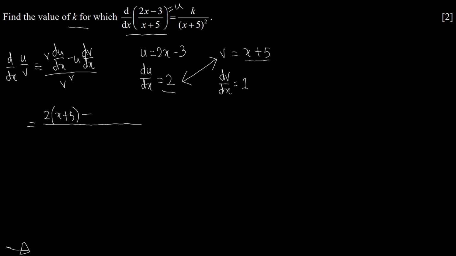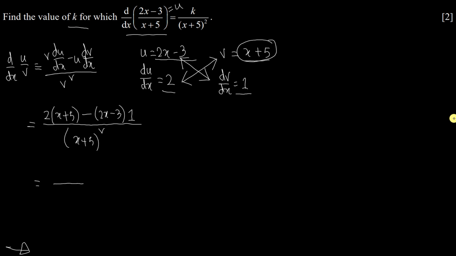Then there is a minus sign according to the formula. Then we are going to multiply these two terms, 2x minus 3 into 1, the second term, which is twice x minus 3, and outside there is a 1. The bottom part is v square. V we got x plus 5, so you can write here x plus 5 whole square.